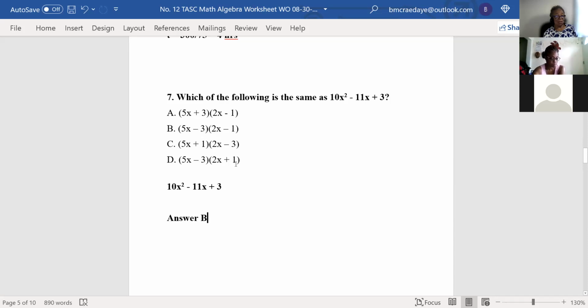The only one that gives you a +3 is a -3 times a -1. So that's how you can eliminate those other ones, because you don't get a +3 as your constant when you multiply the constants. Okay, so that's number 7. Let's go to number 8.